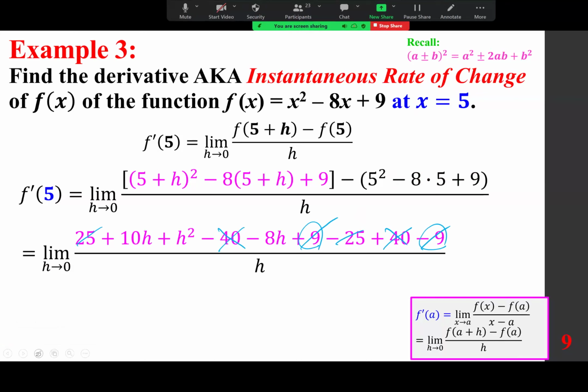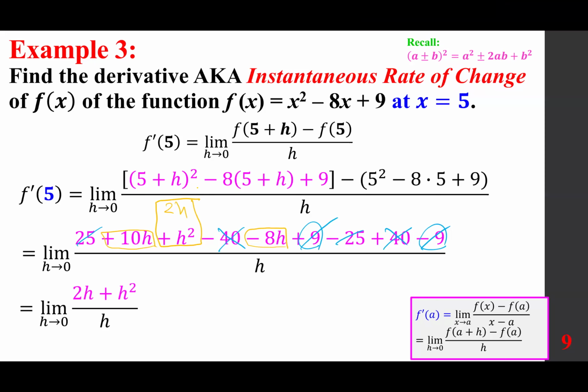Then I notice these two give me 2h, and that's all there is left in the numerator. 2h plus h squared. So you could have simplified the numerator to 2h plus h squared. Then you put it on top of h.